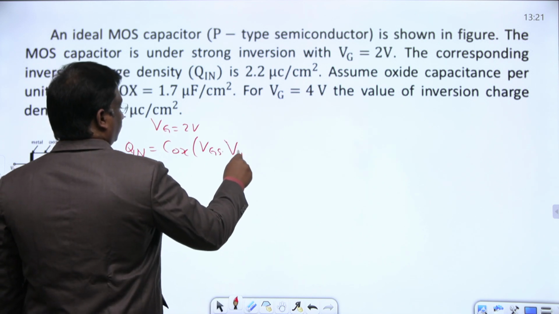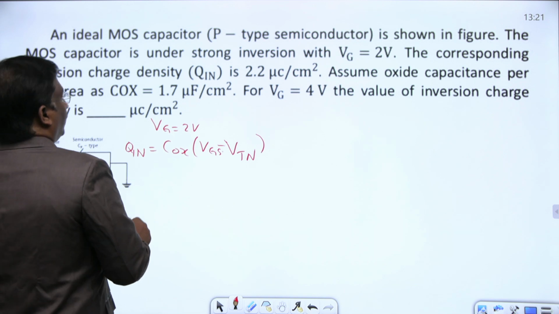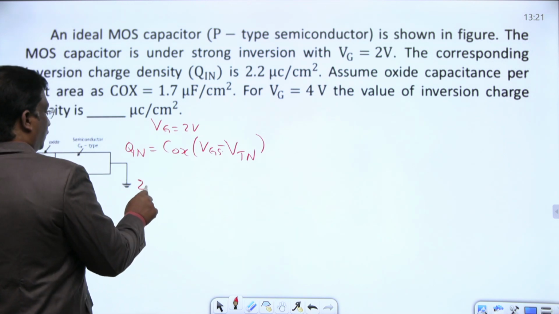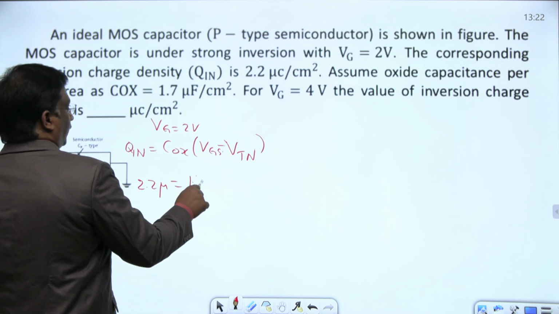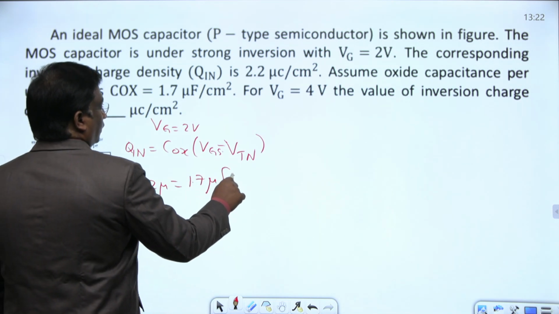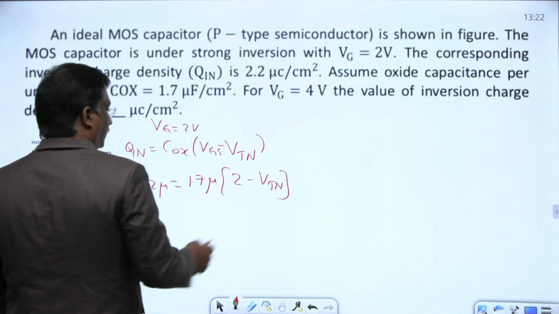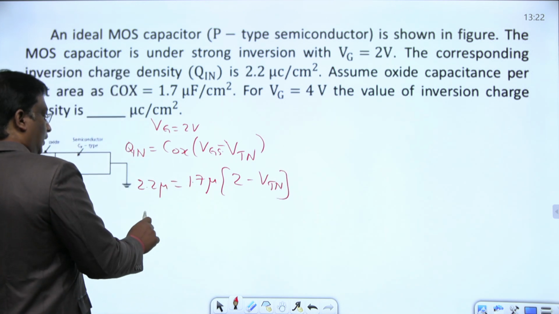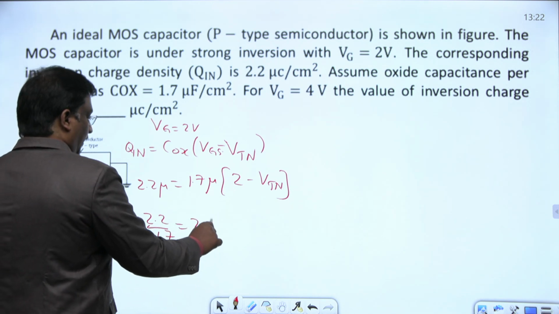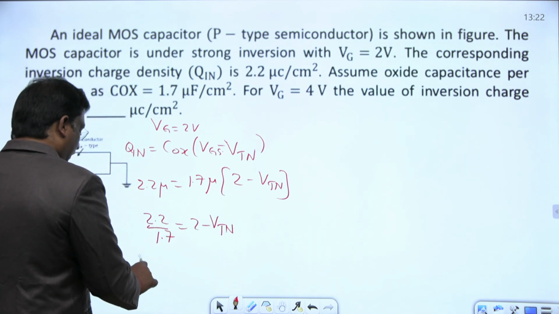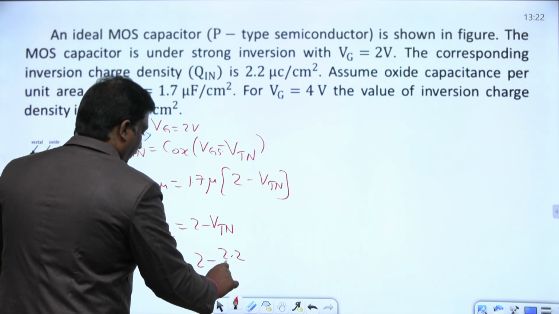VTN or VT. Qin is given as 2.2 micro, equal to Cox given as 1.7 micro, times VGS given as 2 minus VTN. Micro cancels. 2.2 by 1.7 equals 2 minus VTN. Therefore VTN equals 2 minus 2.2 by 1.7.